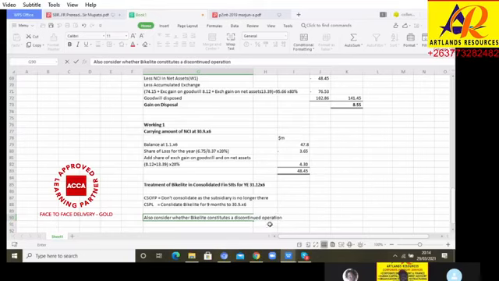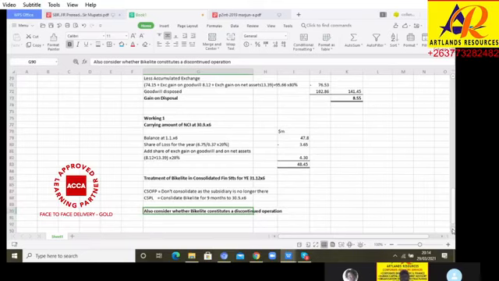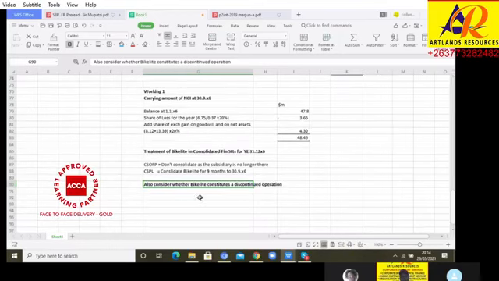Now, I'm sure you did this in your earlier studies. If you dispose an entity, a division, a subsidiary, a branch, you need to understand whether it constitutes a discontinued operation. Why? If it constitutes a discontinued operation, it needs not to be consolidated.